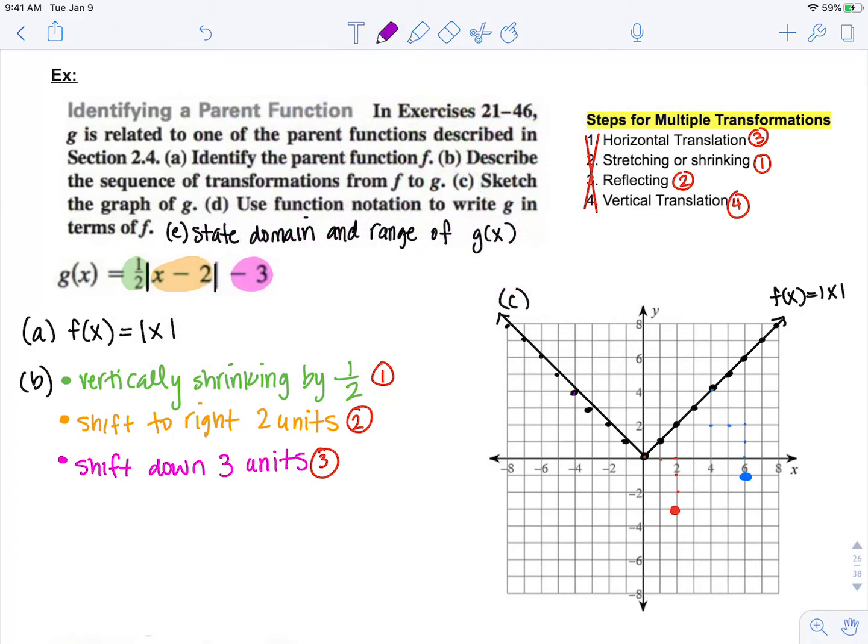If I shrink it by 1/2, that's going to take it vertically down to 2. And then I go right 2, down 1, 2, 3. And then I'll go ahead and do this point up here for practice. My height is 8, shrinking it vertically by 1/2. Now I'm at 4. And then I go right 2, down 1, 2, 3.